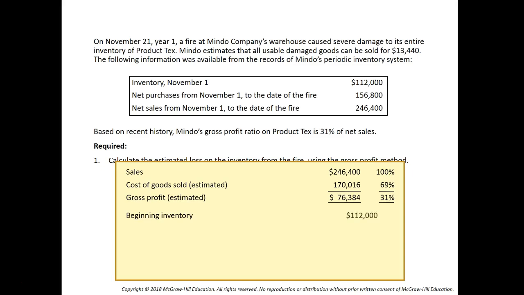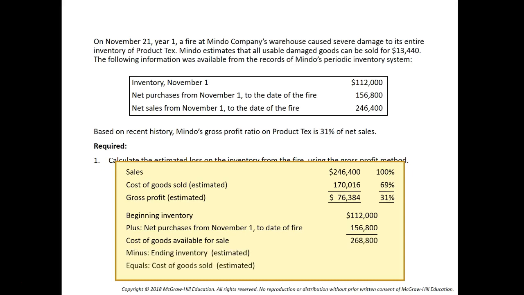So our beginning inventory of $112 plus our net purchases of $156 gives us a total of $268. Minus our $170,016 shows that the ending inventory damaged is $98,784.